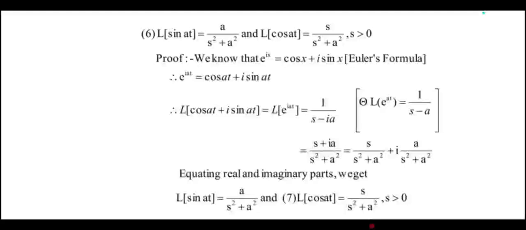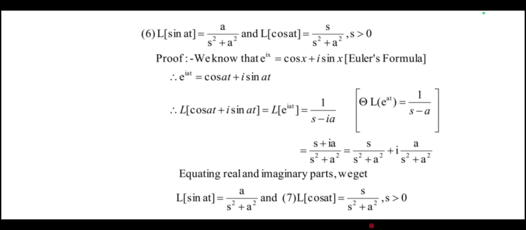Now take the conjugate for this one, that is s plus ia, and multiply both numerator and denominator by this conjugate. So we have s plus ia divided by s square plus a square. Now take the real part and the imaginary part, separate and write.